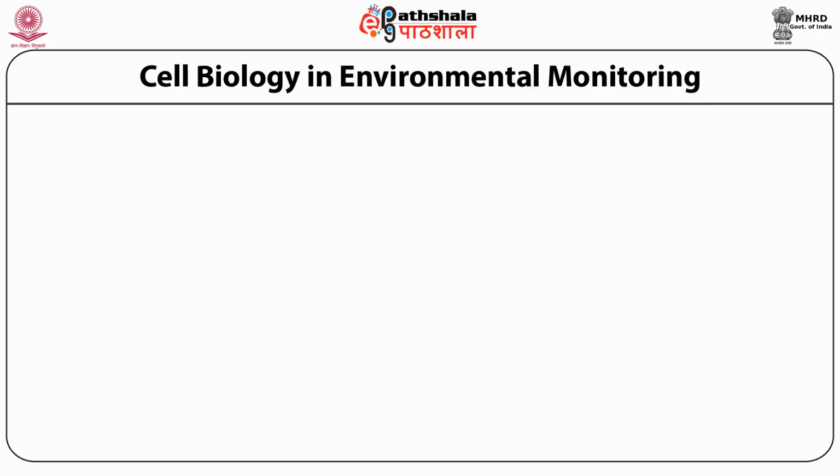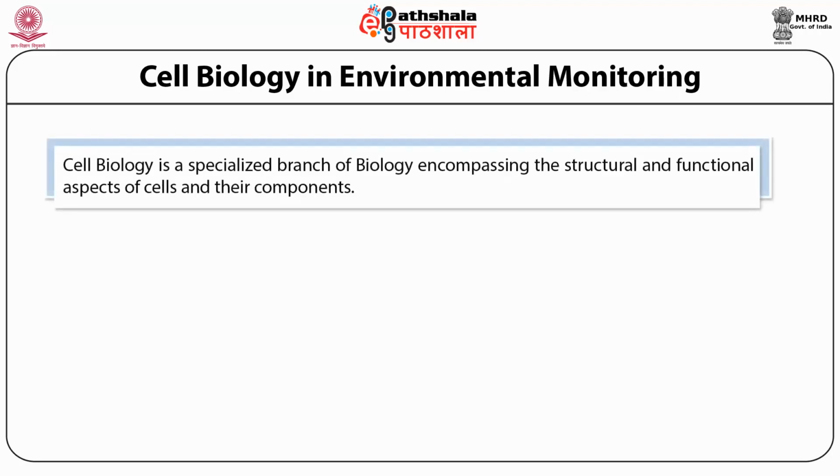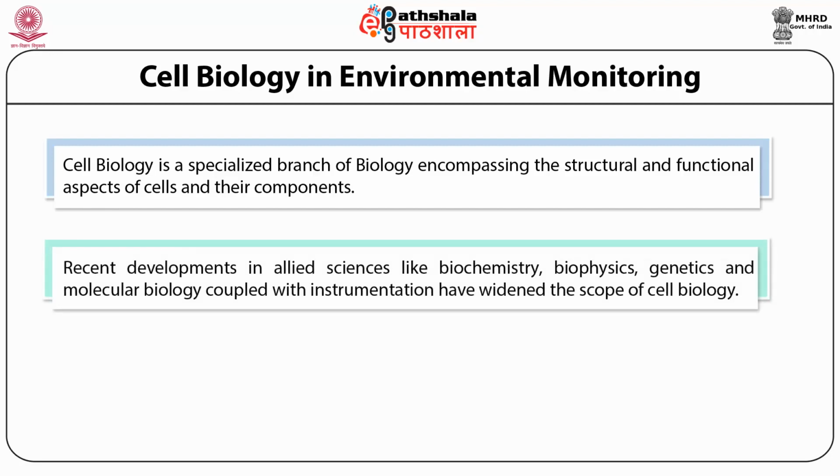Now I shall here discuss cell biology in environmental monitoring. Cell biology is a specialized branch of biology encompassing the structural and functional aspects of cells and their components. Recent developments in allied sciences like biochemistry, biophysics, genetics, and molecular biology, coupled with instrumentation, have widened the scope of cell biology.